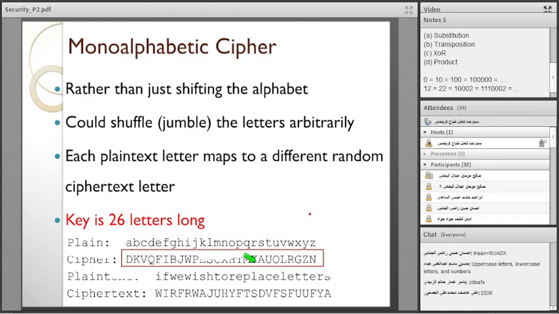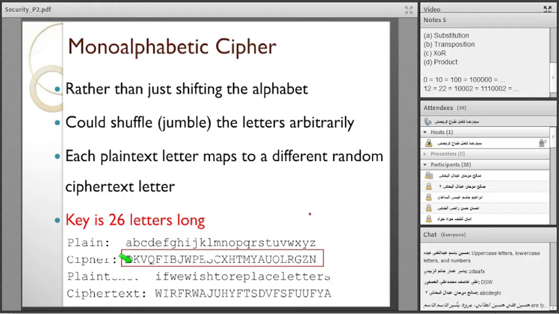Yes, Ali is always easy. Ali, A D, and then L is S. Yes, Ali is easy. Thank you very much. Saleh. Okay, S is A. Saleh is A. Yeah, it's correct.